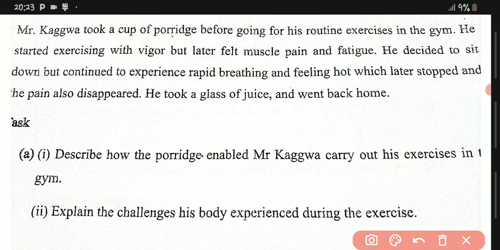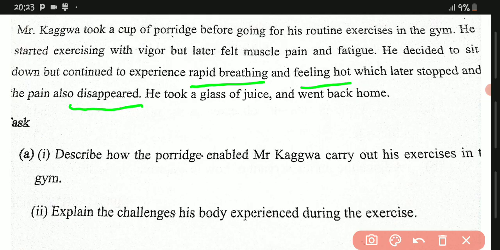So he decided to sit down but continued to experience rapid breathing and feeling hot, which later stopped and the pain also disappeared. So he took a glass of juice and went back home. Now, that is our scenario. I hope we've been underlining the important or the keywords which are in the scenario.